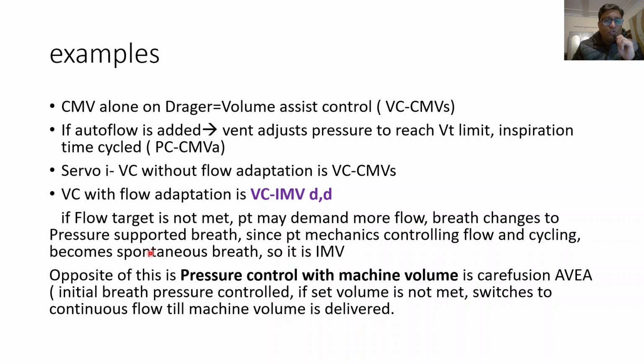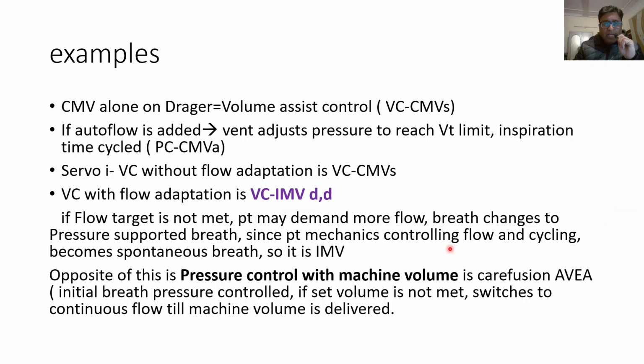That same breath will change to a pressure supported breath. It will start with volume control, but it will change to pressure control. And since the patient mechanics are determining the flow and cycling, it becomes a spontaneous breath. So we cannot say that it is CMV, because technically in this type of breath the flow target is not met. The patient is demanding flow and deciding how much flow he wants.